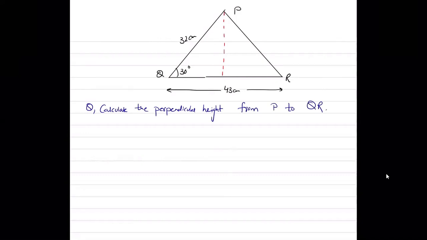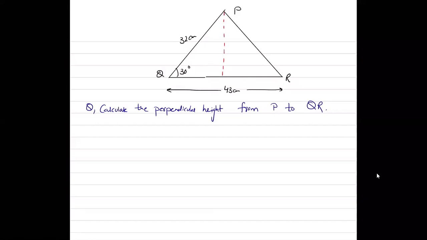Okay, so think for a minute and let me know what you think should be the first step. So first of all, you're going to find the area of triangle PQR. Now, which formula would you be using for the area of triangle PQR?